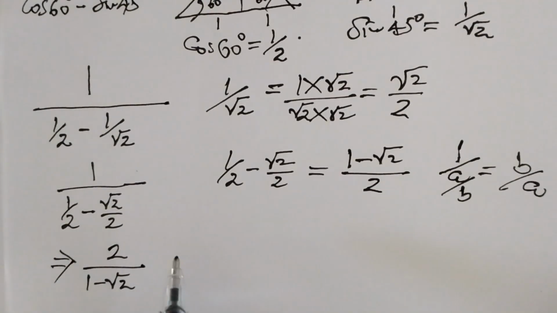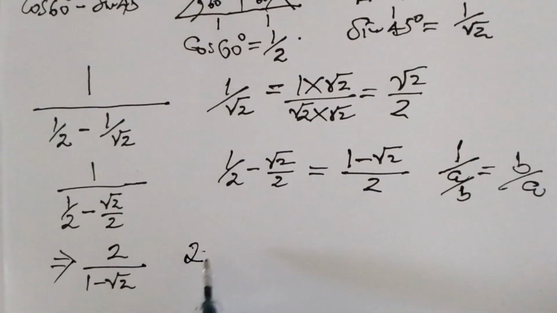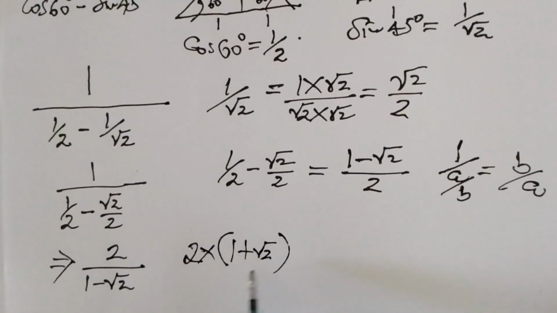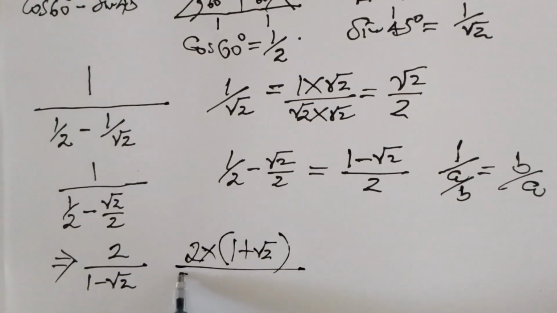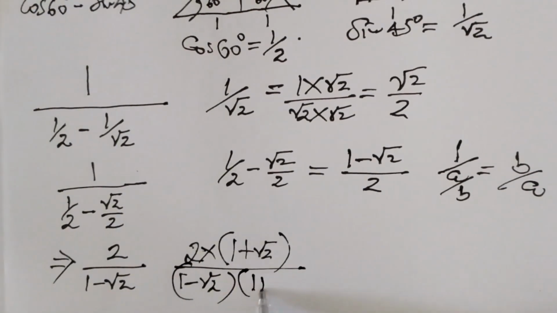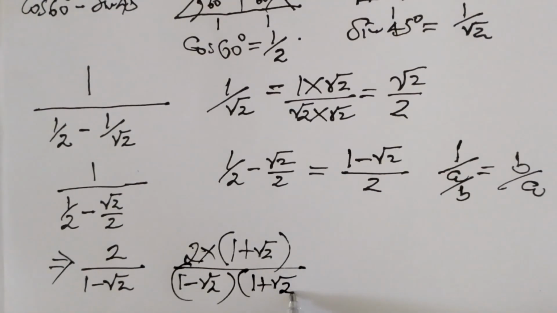So multiply both the numerator and the denominator by 1 plus root 2. So this will be 2 multiplied by, in brackets, 1 plus root 2 over 1 minus root 2 multiplied by 1 plus root 2.